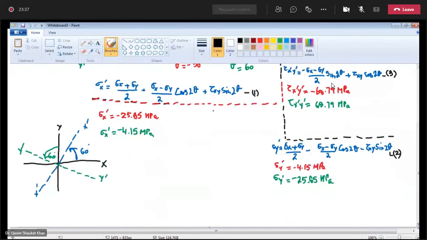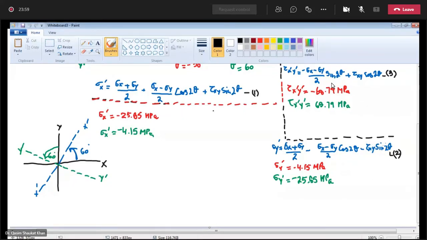Okay. Next we need to calculate the transformed normal stress sigma y dash. Sigma y dash is equal to sigma x plus sigma y over 2 minus sigma x minus sigma y over 2 cos 2 theta minus tau xy sine 2 theta.